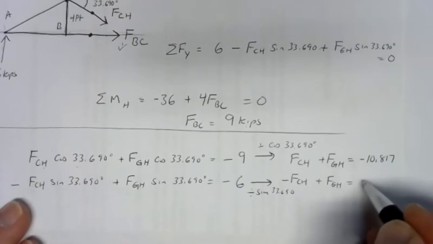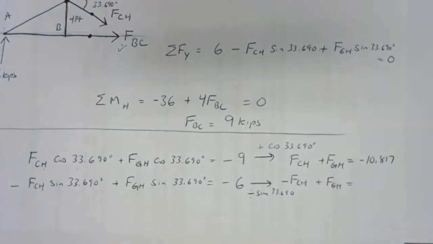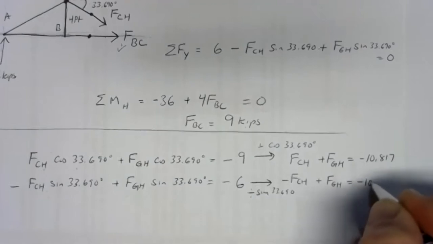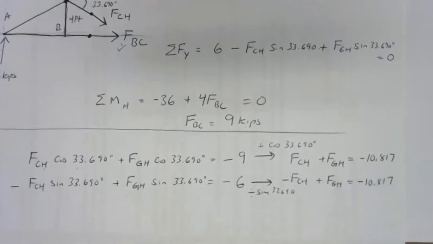And then the ugliness we have would be negative 6 divided by the sine of 33.690. And that just so happens to come out to be negative 10.817. So kind of an interesting way that's set up there. But sometimes that happens. We get some symmetry in the problem and we're seeing the reflection of that.